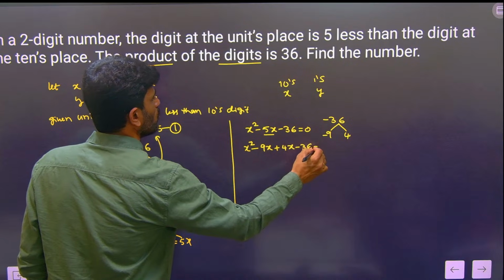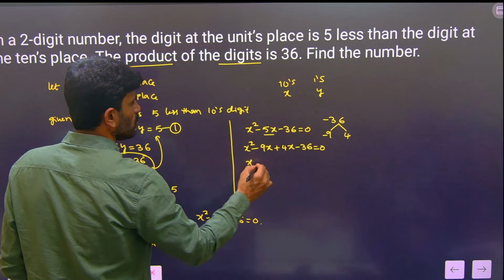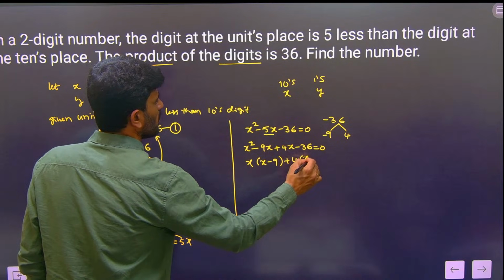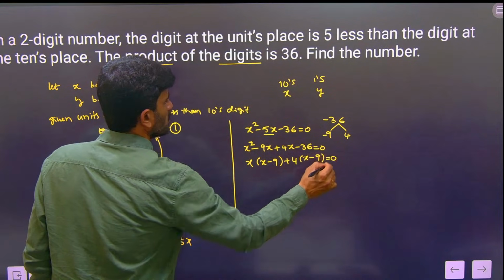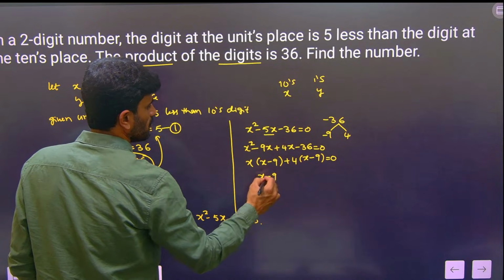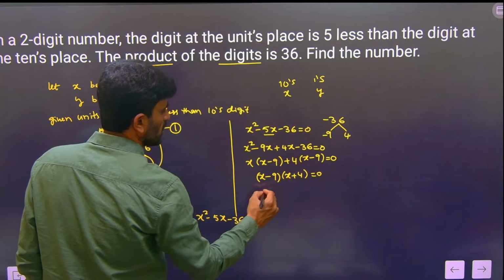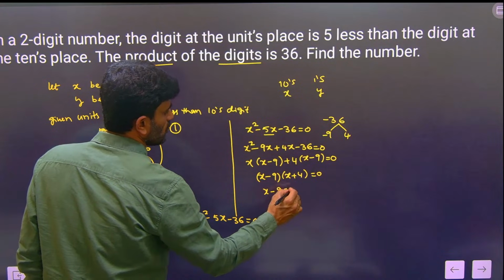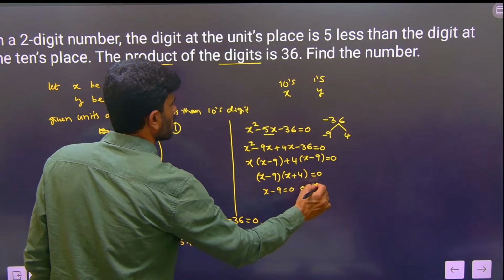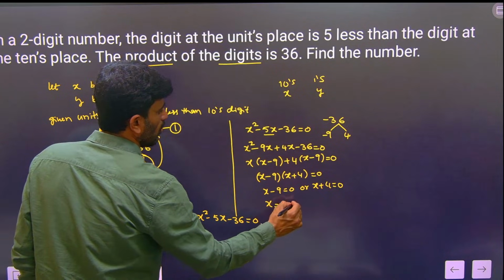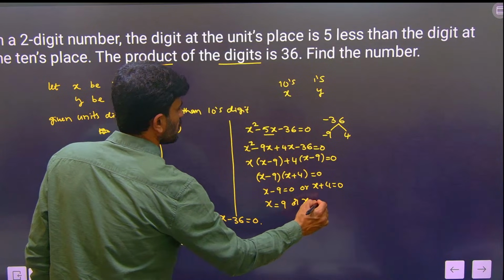Do you know this? Splitting, x into x minus 9 plus 4 into x minus 9 is equal to 0. So x minus 9 into x plus 4. So x minus 9 is equal to 0 or x plus 4 is equal to 0. X is equal to 9 or x is equal to minus 4.